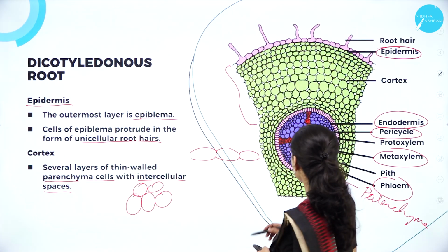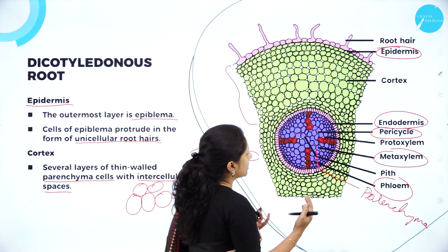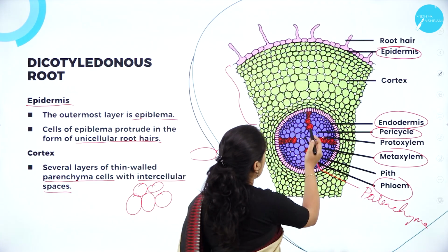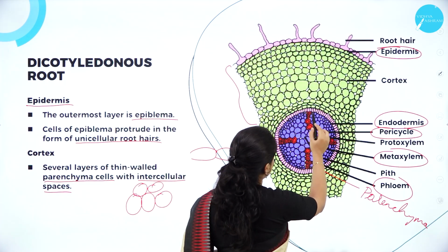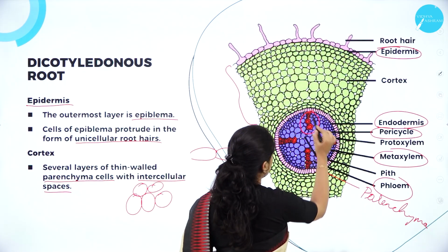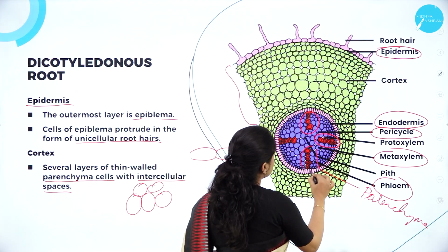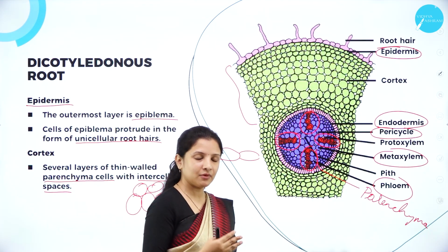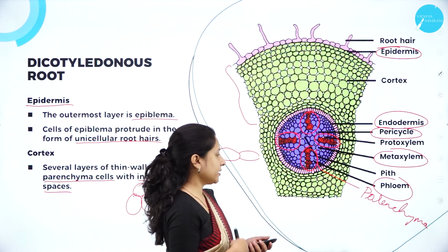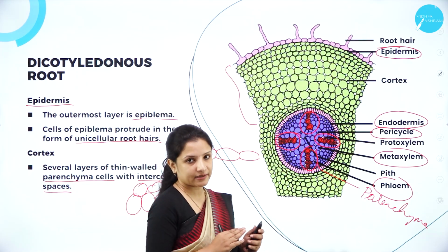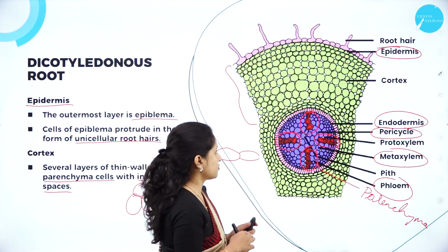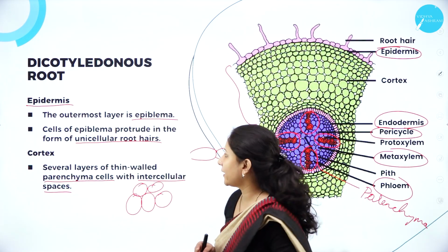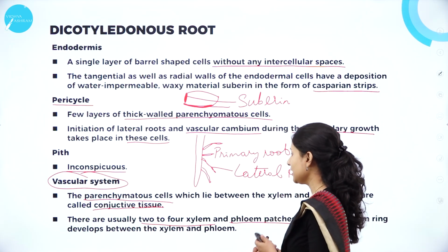Talking about the xylem, how many patches do they have? Xylem patches: 1, 2, 3 and 4. So they usually have 4 xylem and therefore 4 phloem patches. This is one of the characteristic features of the dicot root.